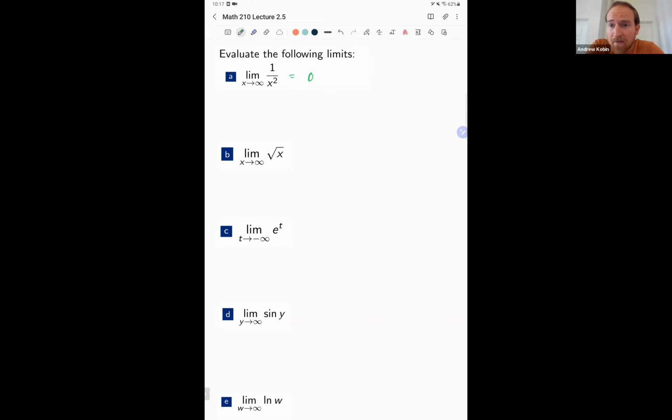The way to think about this using the sort of vague definition that I gave of infinity, it's not a number, it's representing that some value gets larger than any possible finite number you can choose.